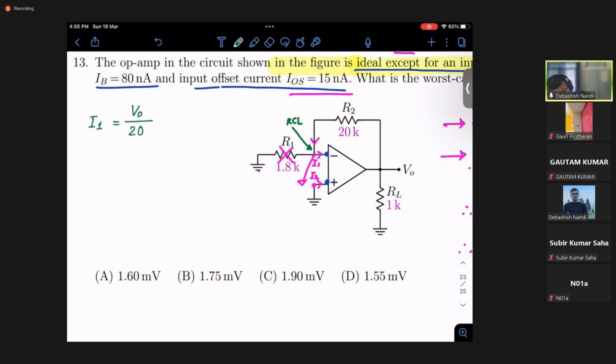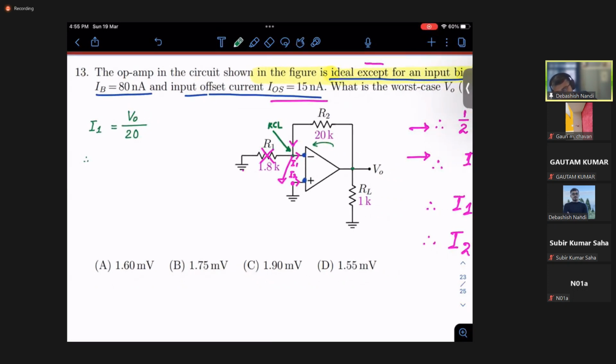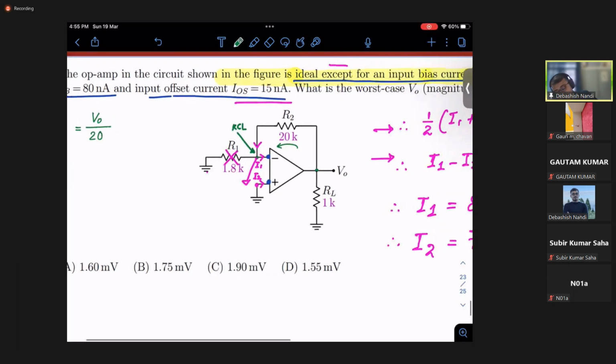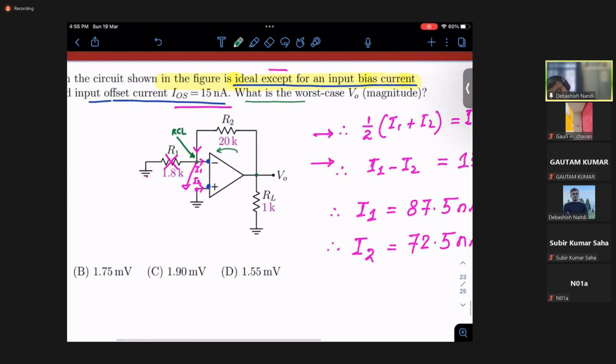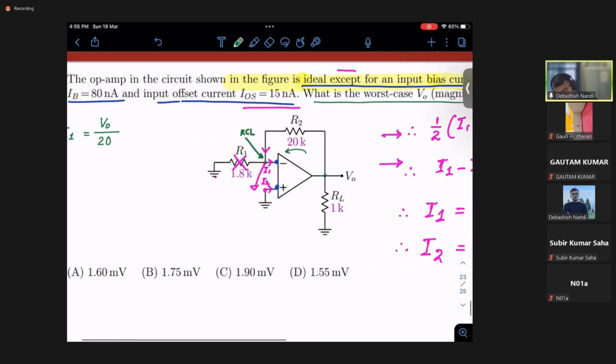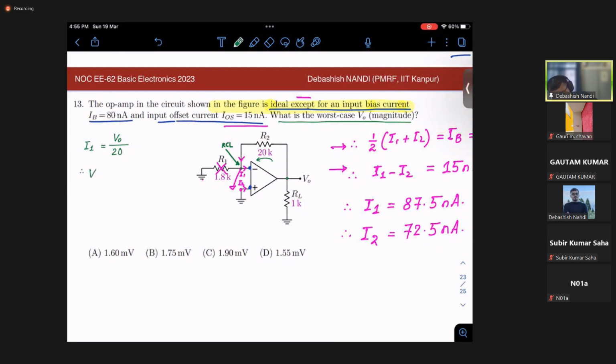That is one thing we have got. Another thing is that I2 has no significance. Now we need to find out the worst case magnitude, right? So you see, V0 is nothing but 20 times the current flowing into the minus terminal. It can be this case 1.